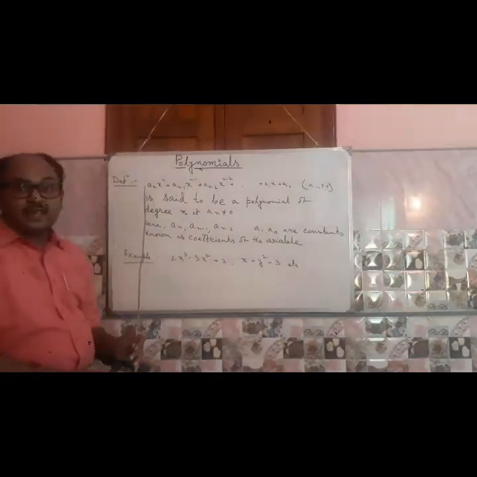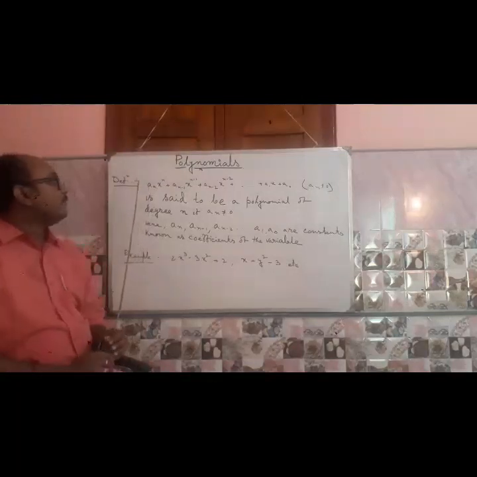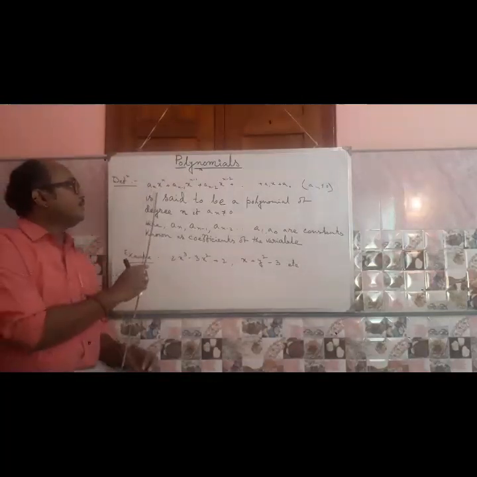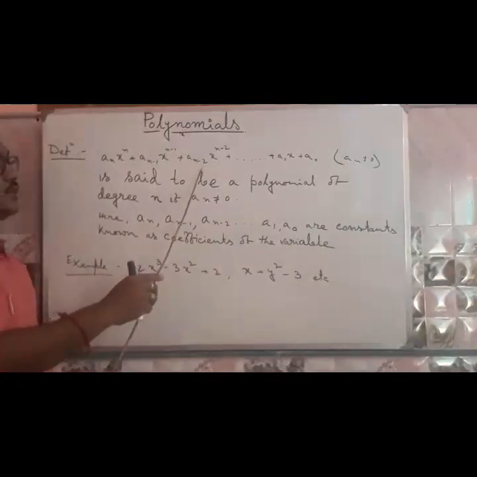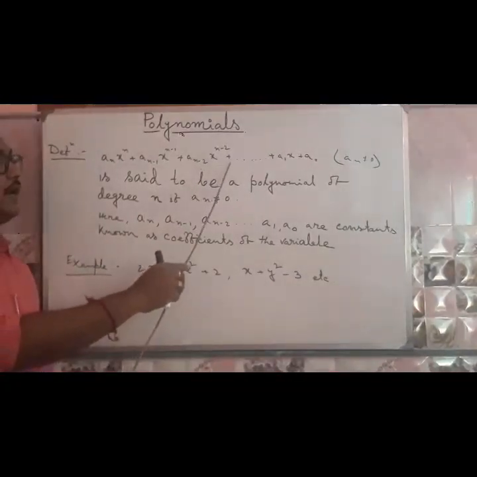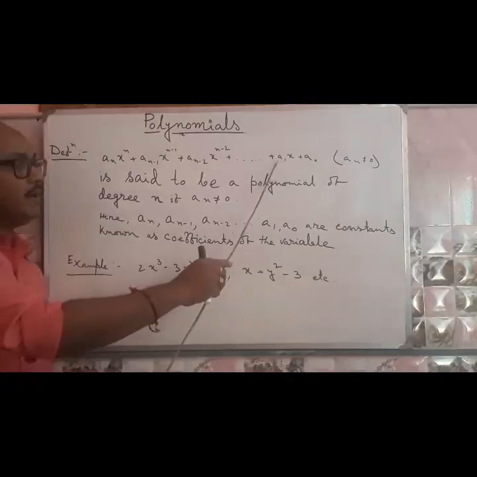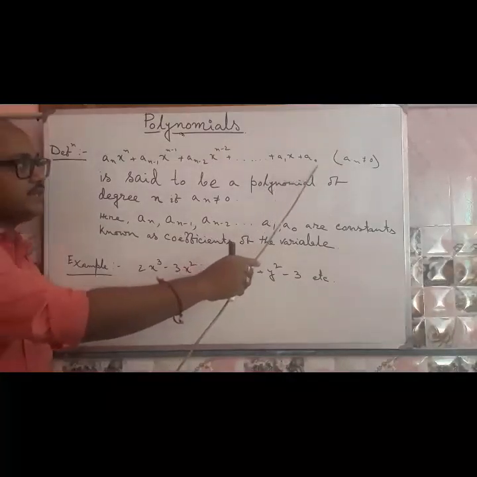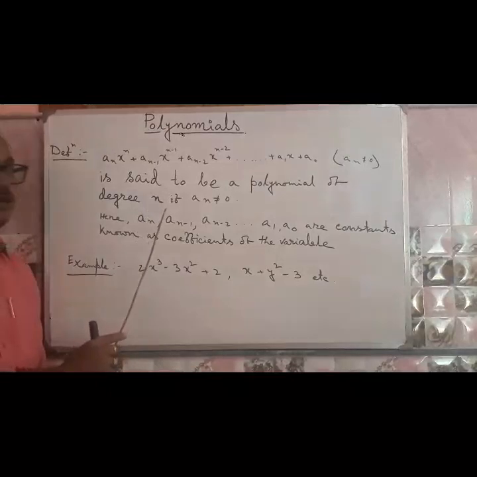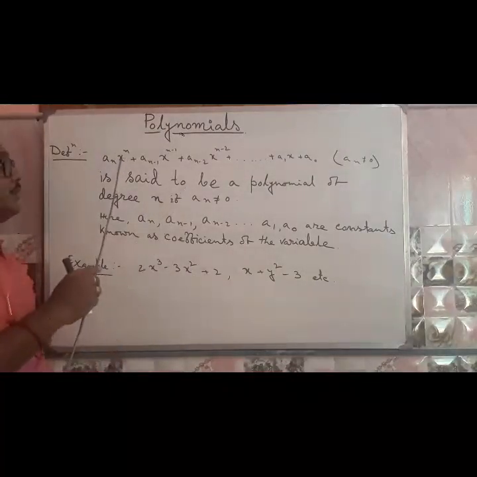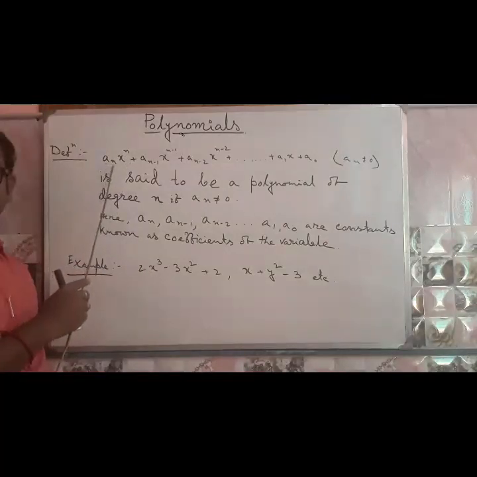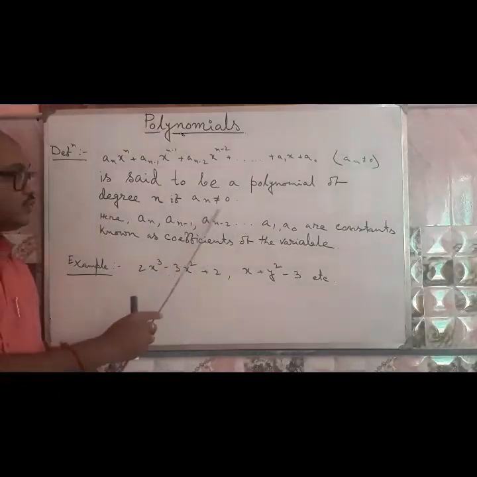An algebraic expression a_n x to the power n plus a_(n-1) x to the power n minus 1 plus a_(n-2) x to the power n minus 2 plus so on plus a_1 x plus a_0 is said to be a polynomial of degree n. It will be a polynomial of degree n if the coefficient a_n is not equal to 0.